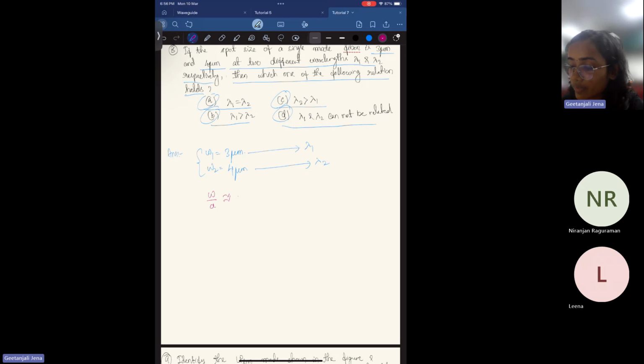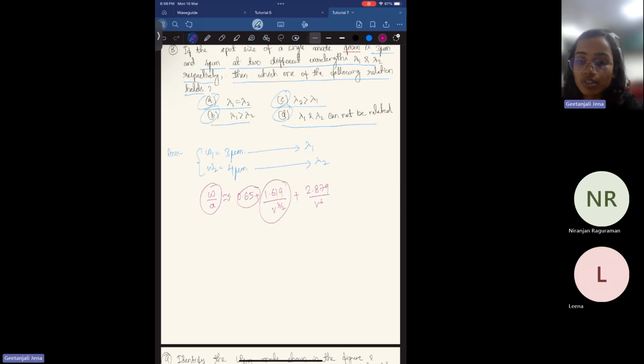Mathematically, W by A is 0.65 plus 1.619 over V to the power 3 by 2 plus 2.879 over V to the power 6.